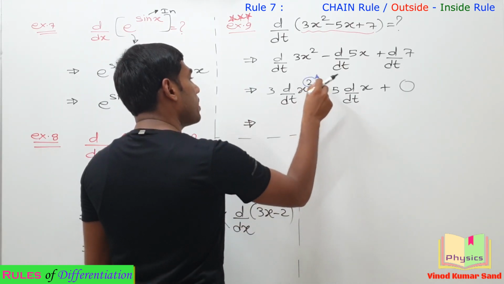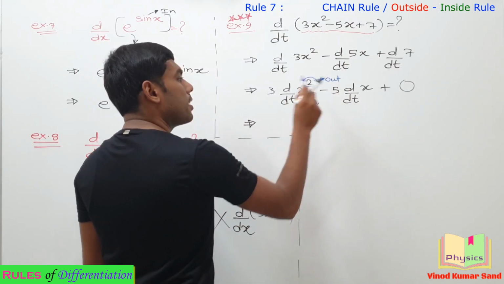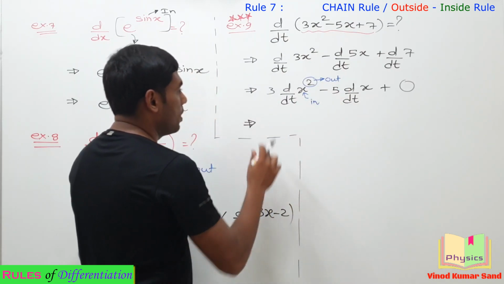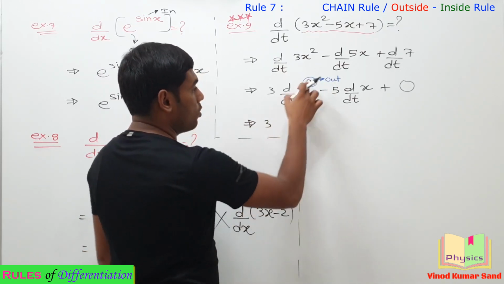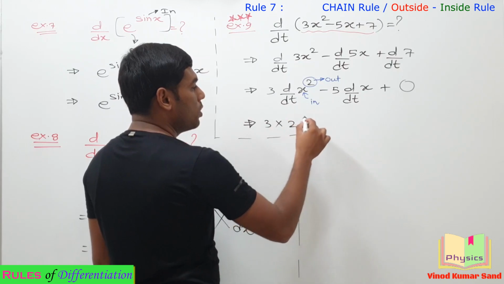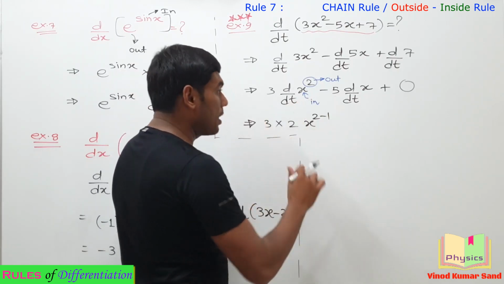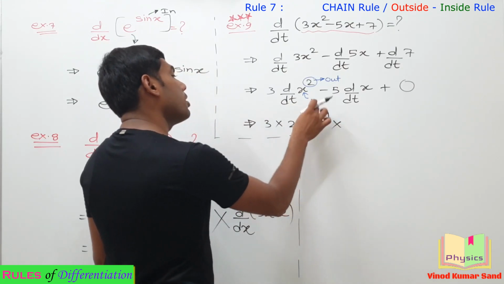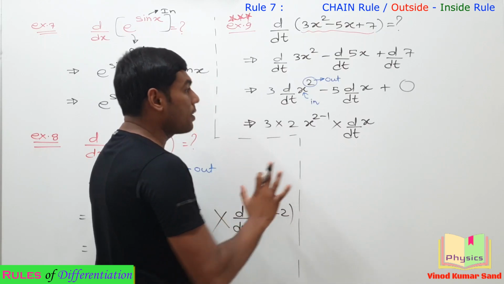This power is the outside and this x is the inside. Pay attention. 3 at its own place. First I'll differentiate the outside function. So differentiation of power, how do we do it? 2 x to power 2 minus 1, n x to power n minus 1, into we need to differentiate the inside function, d by dt of x. Clear?